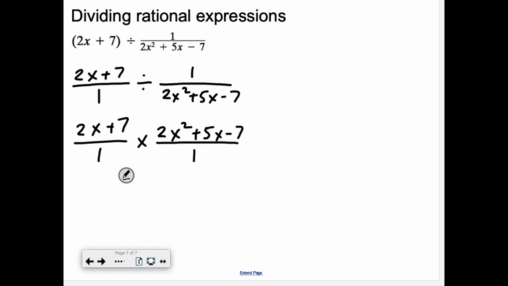Now, the really cool thing is, we've gone from a rational expression to, wait a second, I don't need to do anything here but box method. Because all of a sudden, I don't need my denominators, they're just 1. So this is just going to be 2x squared plus 5x minus 7 times 2x plus 7.